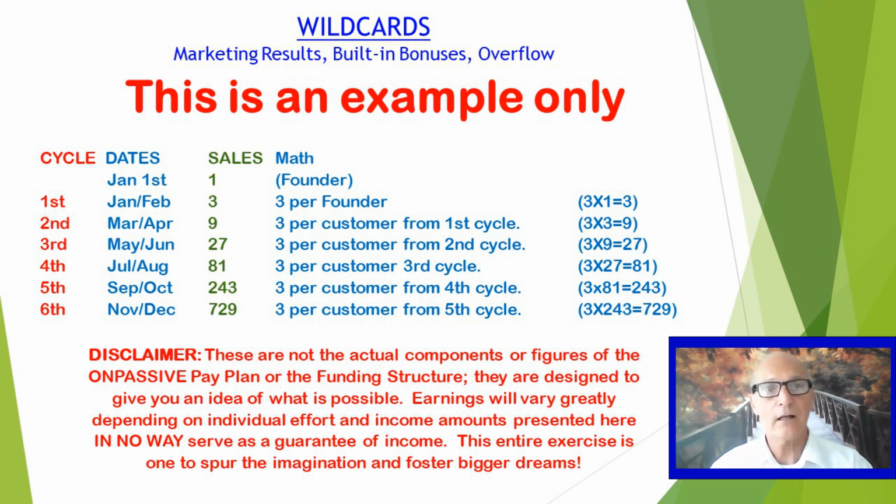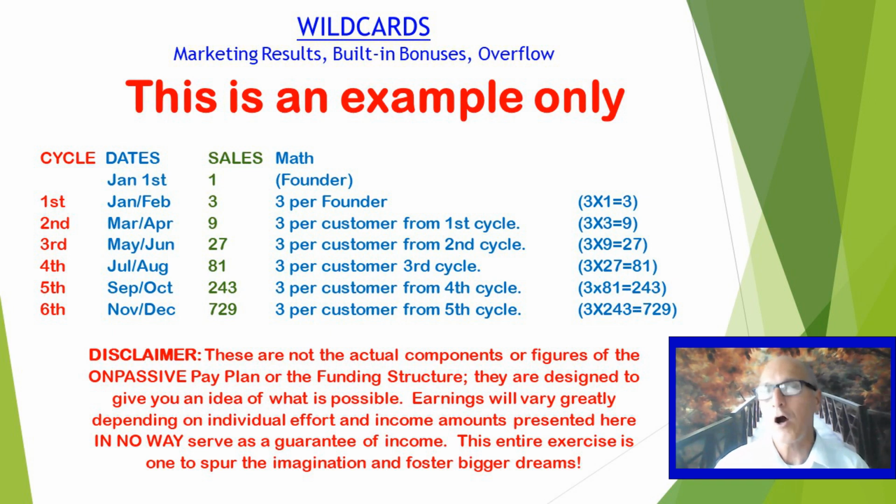So it's not a hard sell to understand that one founder by the end of the year, because that's what you're seeing up in the January 1st line, is that one founder. And then throughout all 6 of the cycles, they add up, 3 times 3 times 3 times 3, add them all up, 729, and that's what gives you at the end of the year $729.